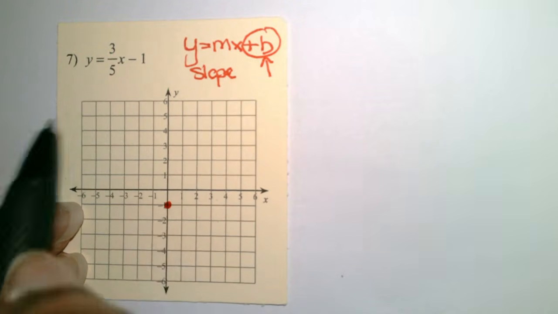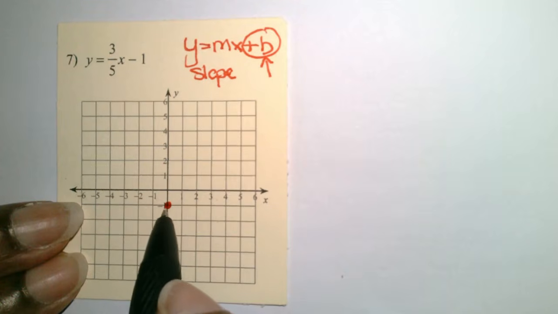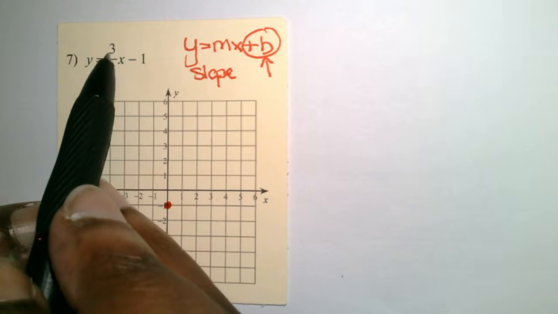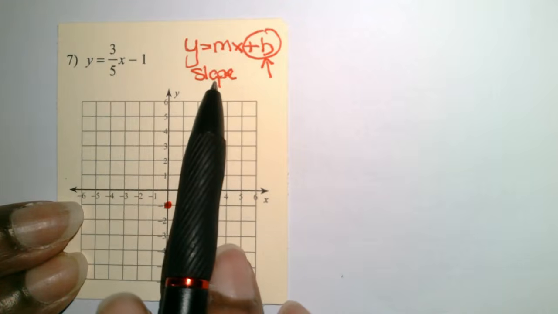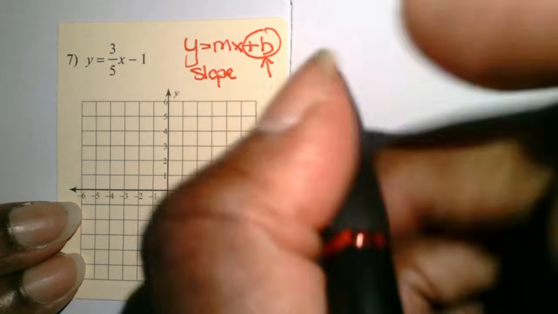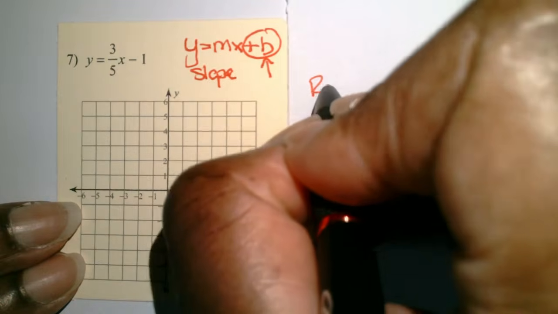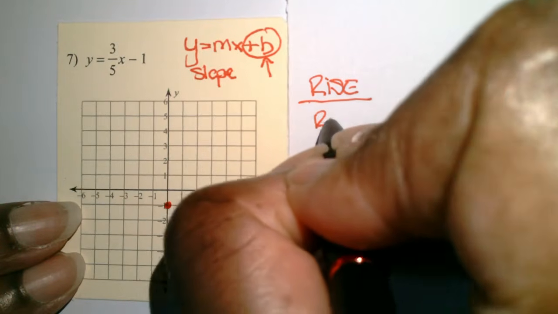So it's almost like your slope is a form of directions. Think of it like this is your house, and someone gave you directions to the house that has the best party, right? So you have 3/5, and you want your m, aka your slope, to be 3/5. The reason why is that slope is rise over run.